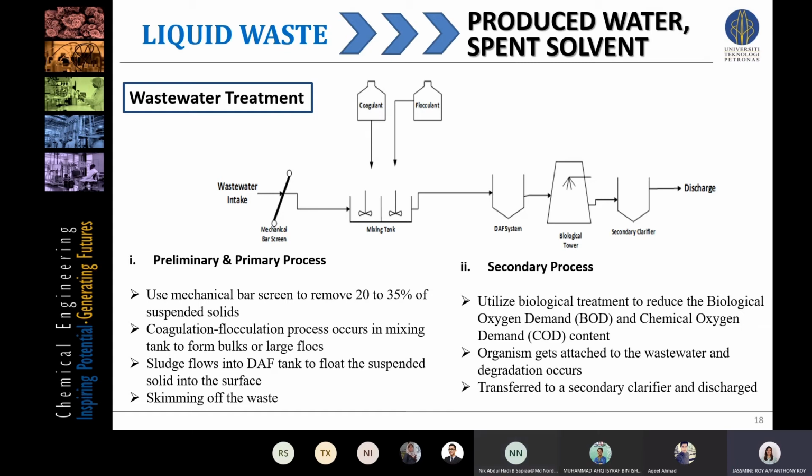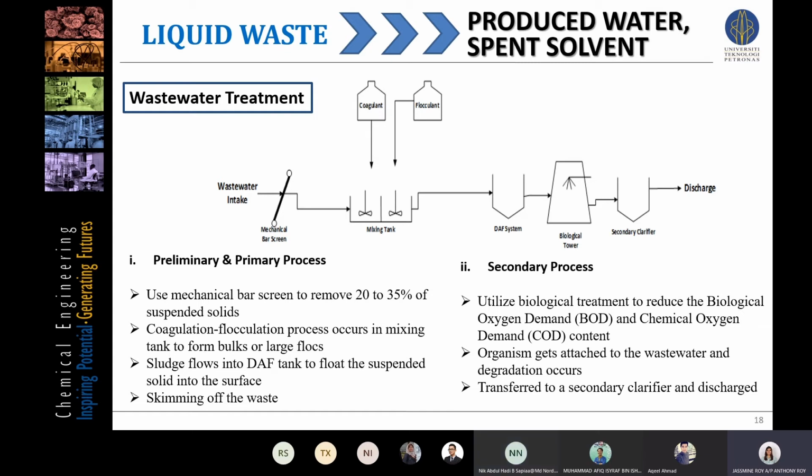So it's like a specialized bar screen. What do you mean by specialized bar screen? It's supposed, because oil is part of total solids, so the total solids essentially gets removed. Okay, so that is for oil that is not emulsified in water. What about oil that is emulsified?